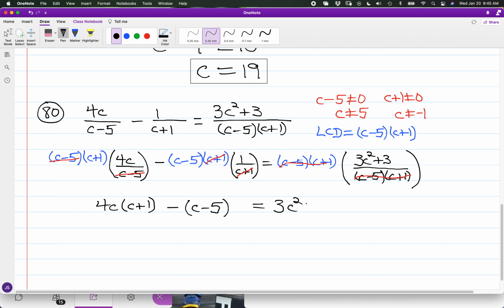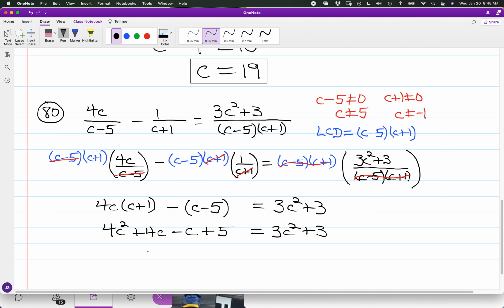Looking at the distributions, we have 4C times the quantity C plus 1, so this would be 4C squared plus 4C, and then distributing subtraction over the binomial C minus 5, we have a minus C. Subtraction over negative 5 becomes a plus 5. And this is equal to 3C squared plus 3.